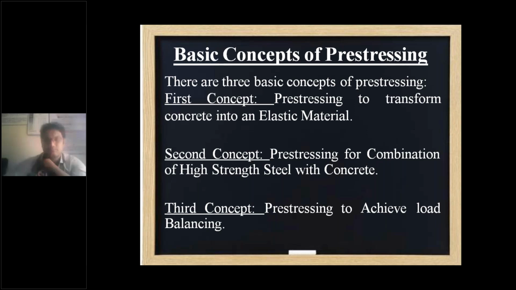Concrete will attain its compressive stress and be able to carry the load acting on the member. That is the third concept. These are the three basic concepts of why prestressing is done, so please try to remember them if anyone questions you.